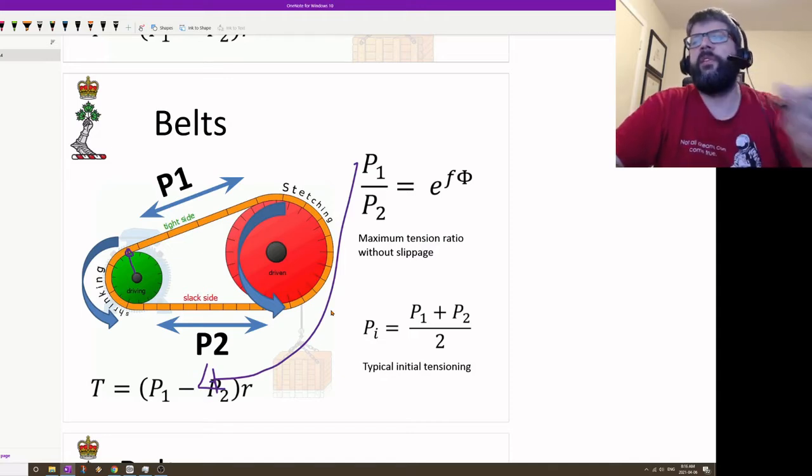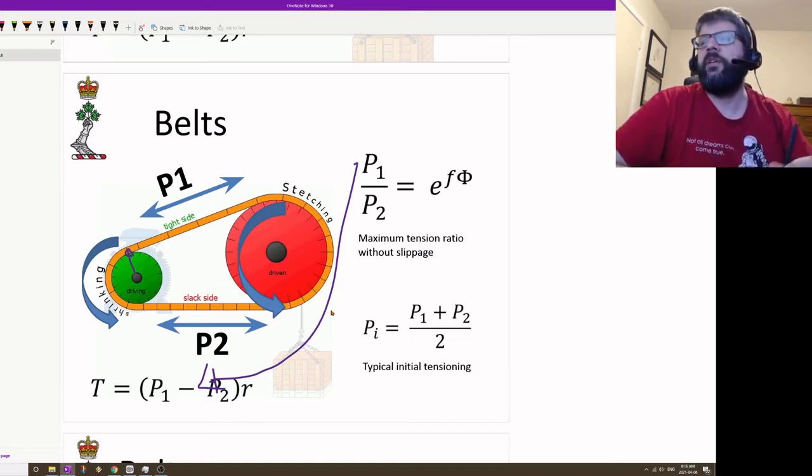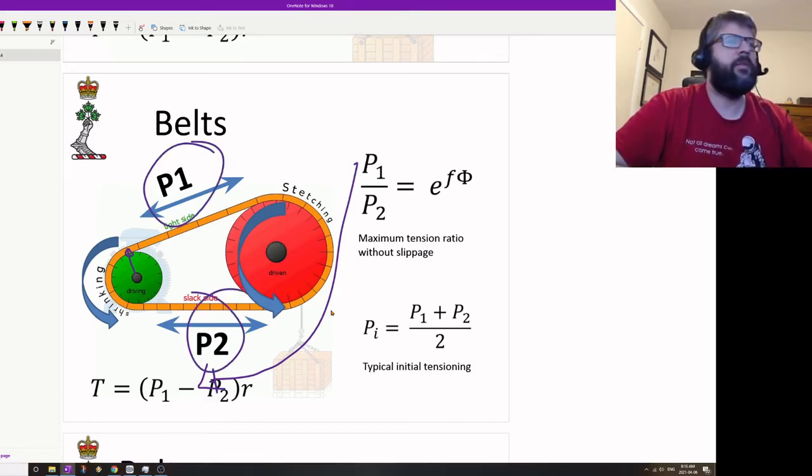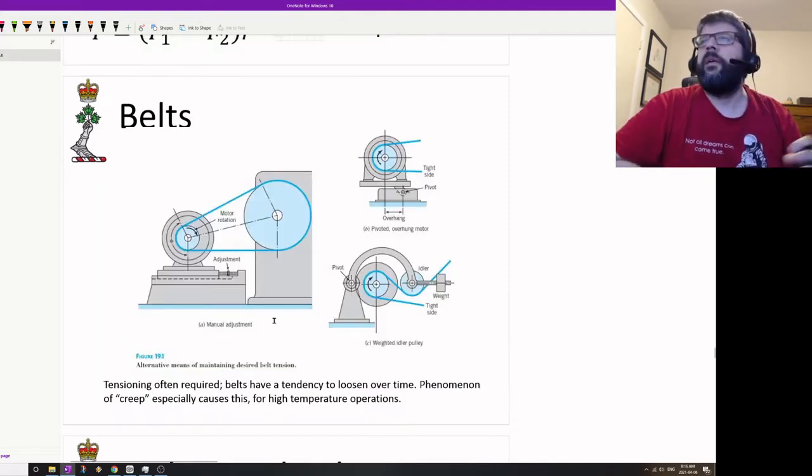A typical initial tensioning is just the average of the two tensions. So just average those two out, and that'll get your initial tensioning.